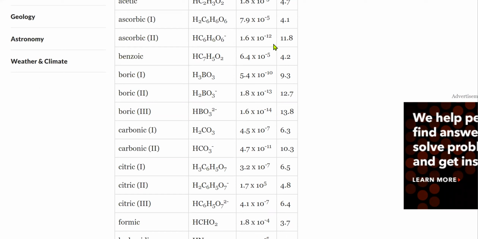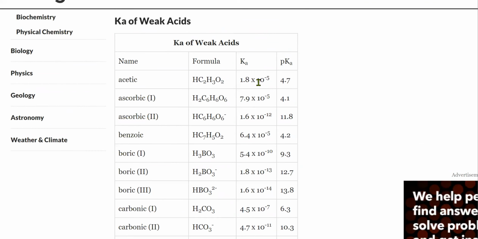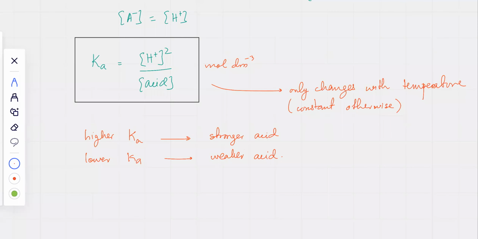It's also harder to communicate, like saying 1.6 times 10 power minus 14. So they don't usually talk about K values, they instead talk about pKa values. We did talk about taking the log.